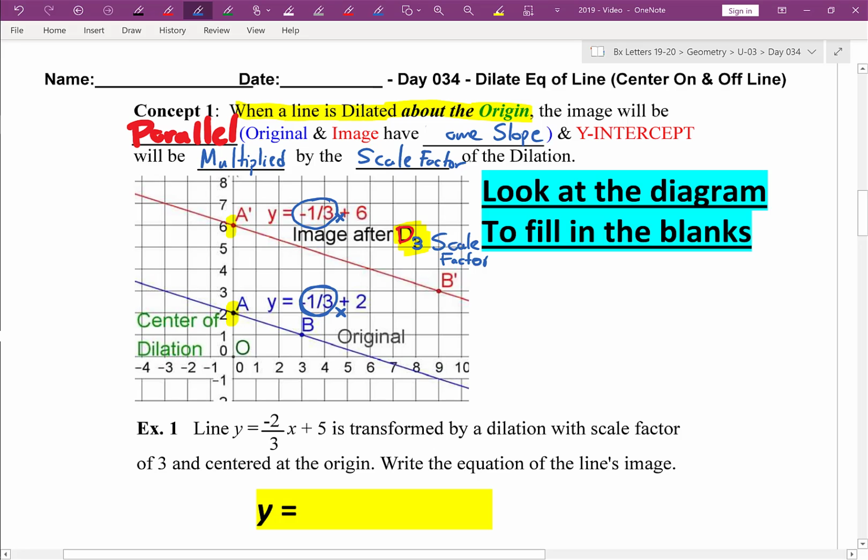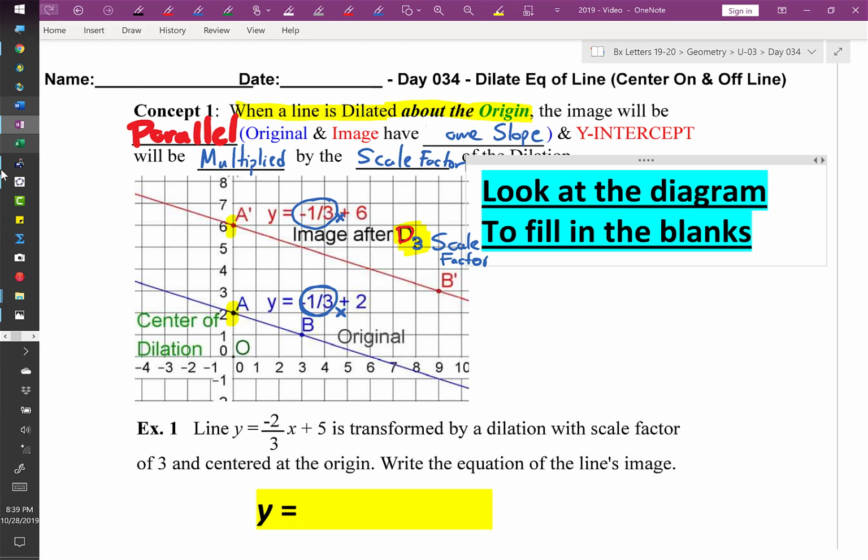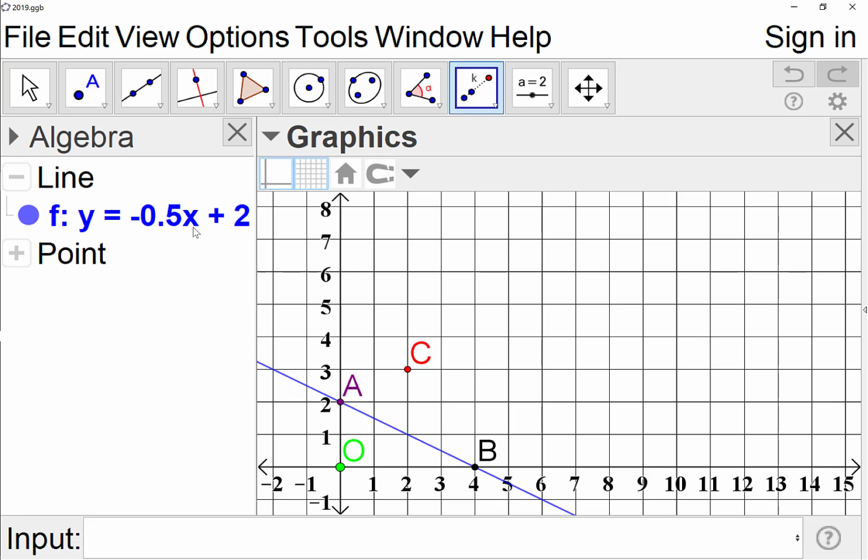Okay. And if you want to see an example of that, we have our line there. This one has a slope of negative 1/2.